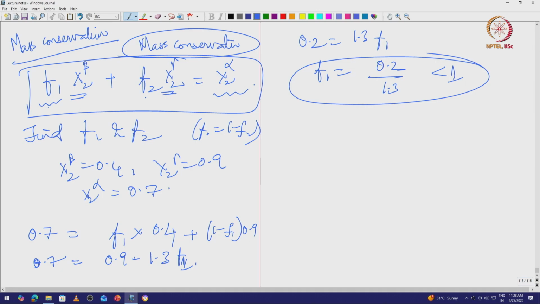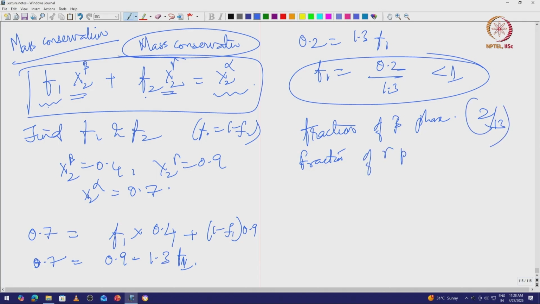So, this will be the fraction of beta phase, and the fraction of gamma phase, that is 2 by 13. Okay, and fraction of gamma phase is going to be 11 by 13.